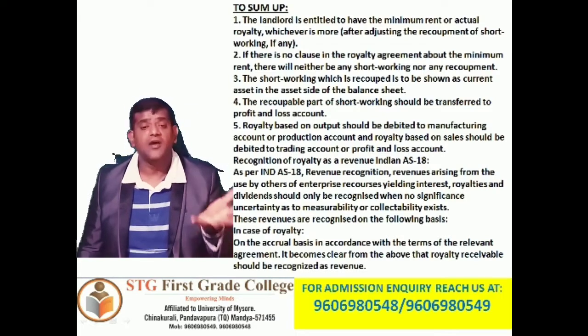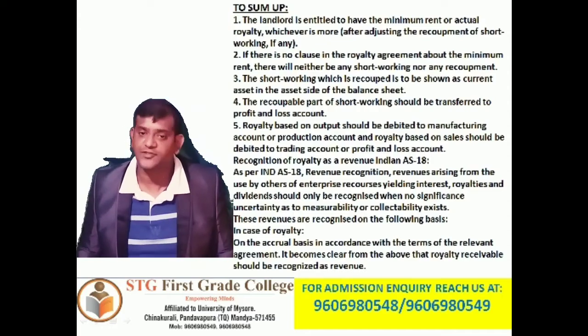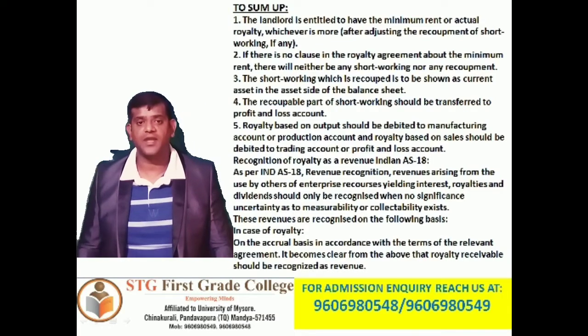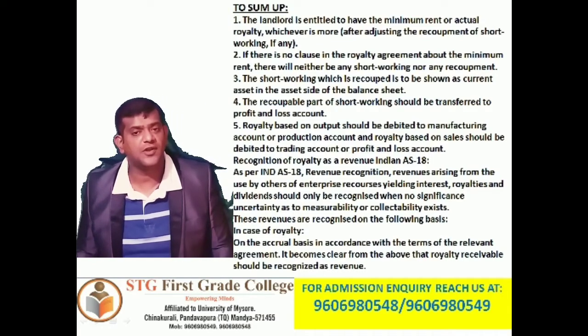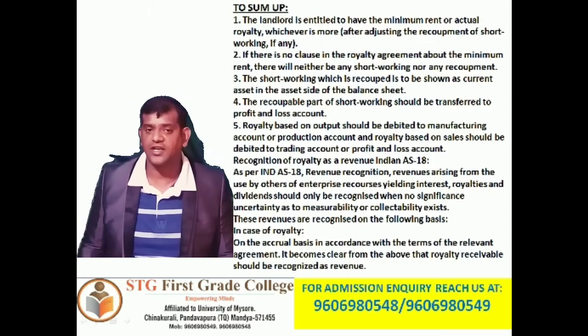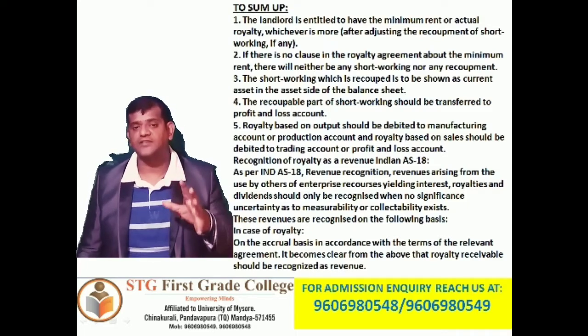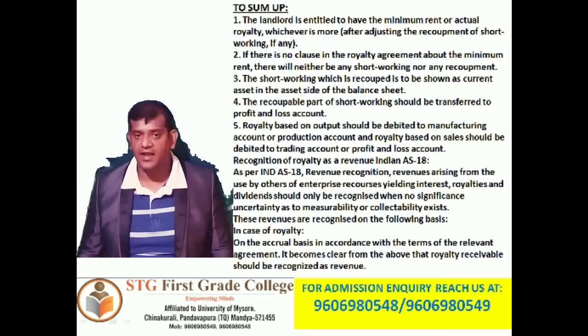Royalty based on output should be debited to the manufacturing or production account, and royalty based on sales should be debited to the trading account or profit and loss account.